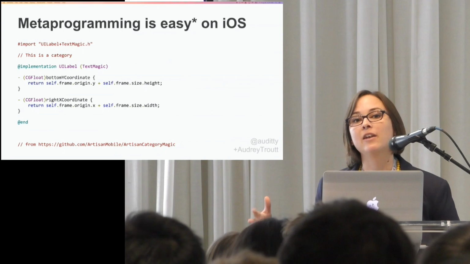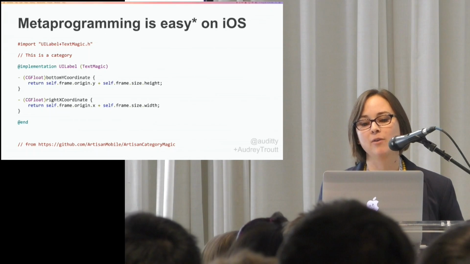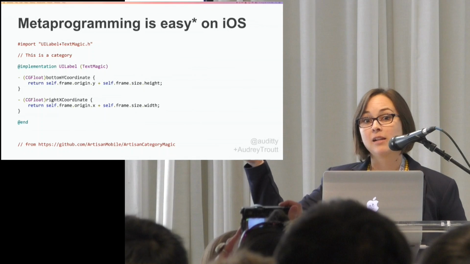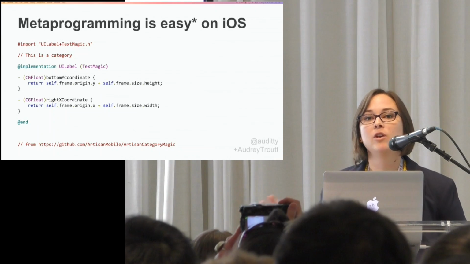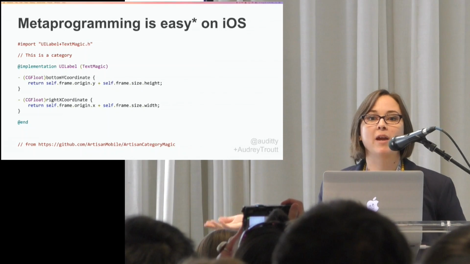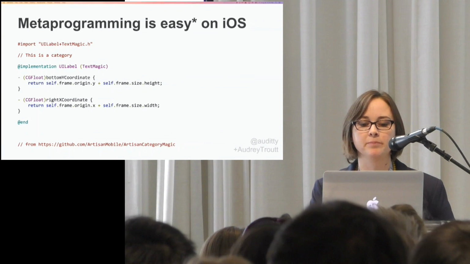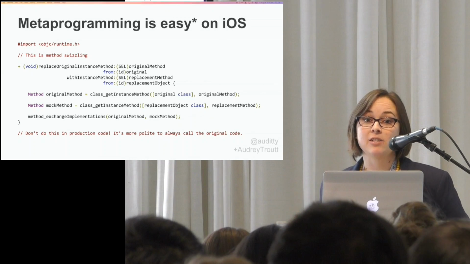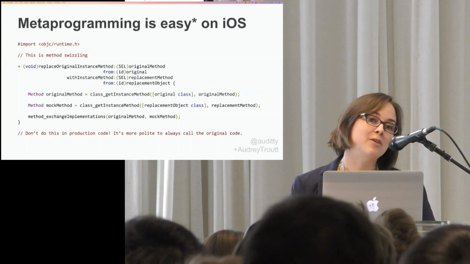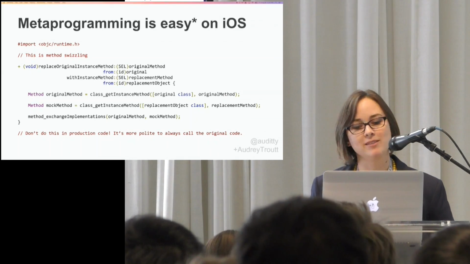You can actually add new methods and new fields onto those iOS classes, and as long as this class is included with your app, you can use those methods just like they were baked into iOS from the beginning. It's an incredibly powerful tool. In addition to that, in the Objective-C runtime, there's a tool called swizzling.